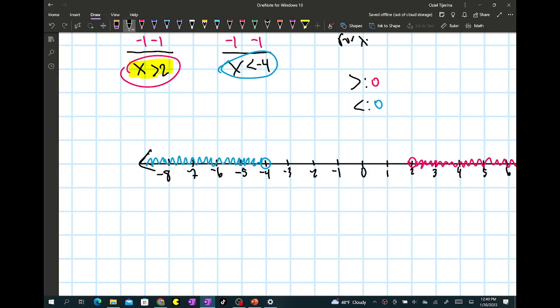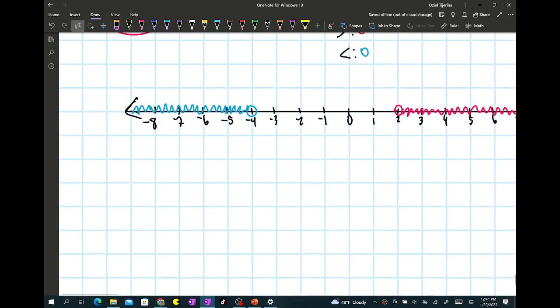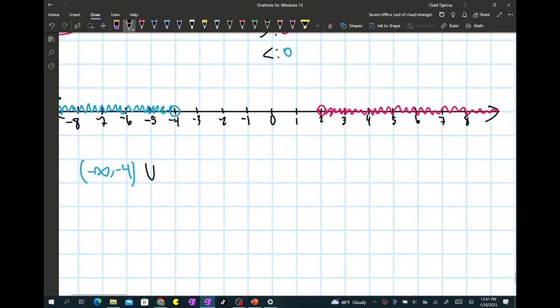Now, if you want to state it in interval notation, when it goes like this, there's a union in between. So basically, the way that you would say it is, this is from -infinity to -4, and then it'd be union, and then it would be parentheses 2 to infinity, right?